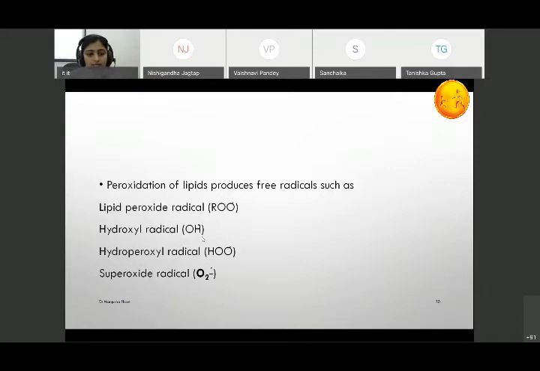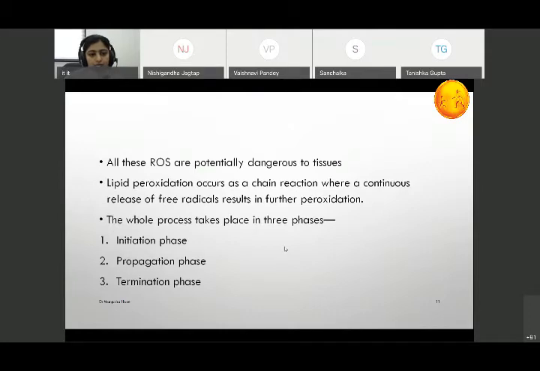These are the free radicals which are formed. How are they formed? We have three phases for the formation of these free radicals from lipid peroxidation. Whatever reactive oxygen species are formed, they are potentially dangerous to the tissues.